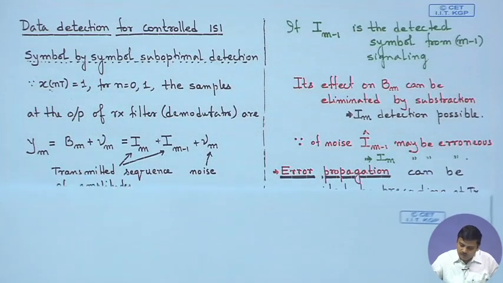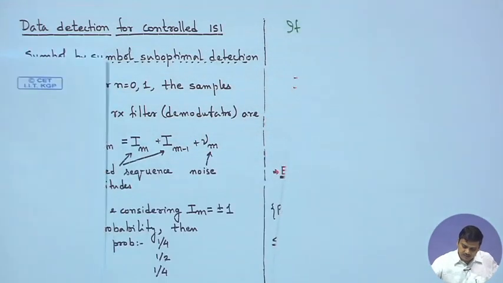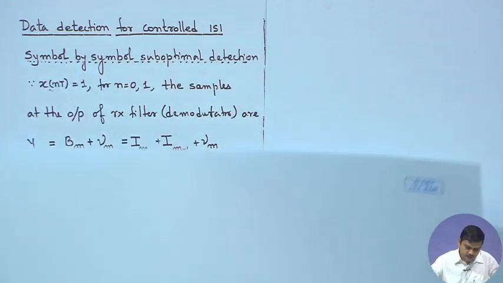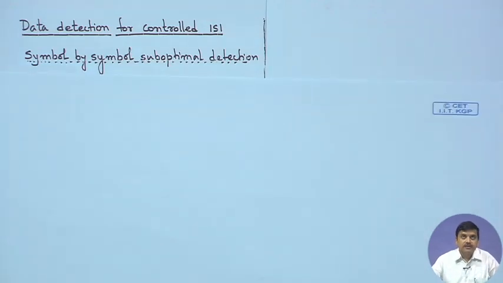So, if we now focus on the data detection, there are several ways of detecting the data. Ideally speaking, since we have memory in the system, we should use some kind of a memory based demodulation technique.